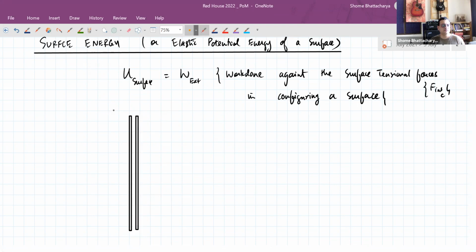Let's say we have two thin glass rods placed very close to each other, and now in between them we put a layer of droplets of some solution which clings to the glass very efficiently. So there's a high amount of adhesion between the glass molecules of the rods and the liquid molecules of whatever solution we have there.